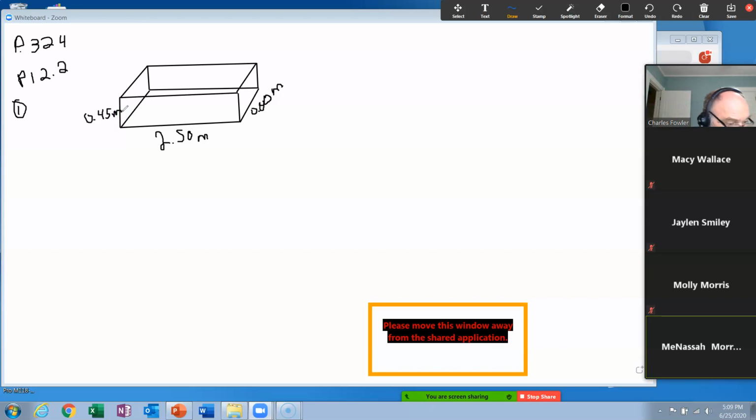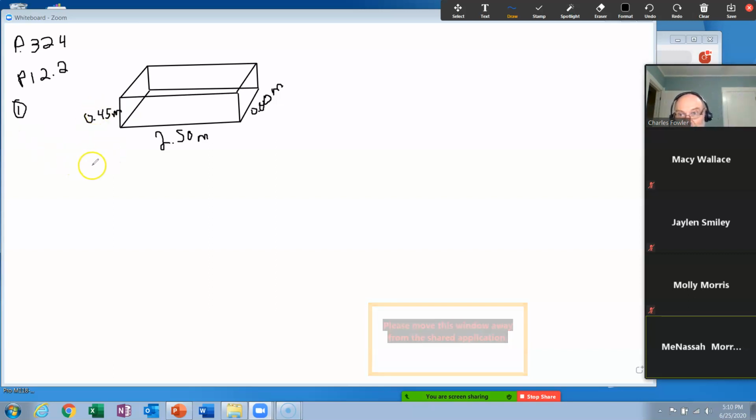Okay. Now, just a thing to note here, 3 significant digits here, but only 2 here and here. So we're down to 2 significant digits. Okay. That's the packing crate, and it weighs, and this, by the way, weight is a force.